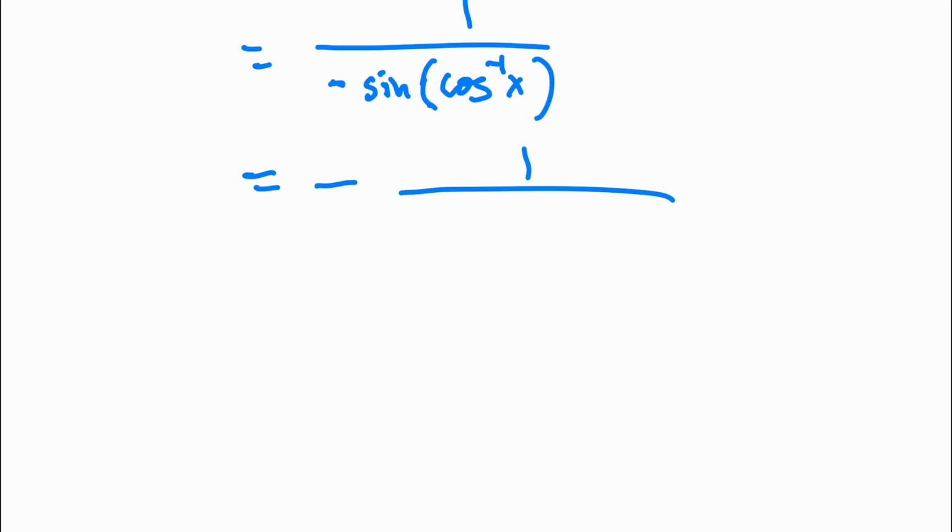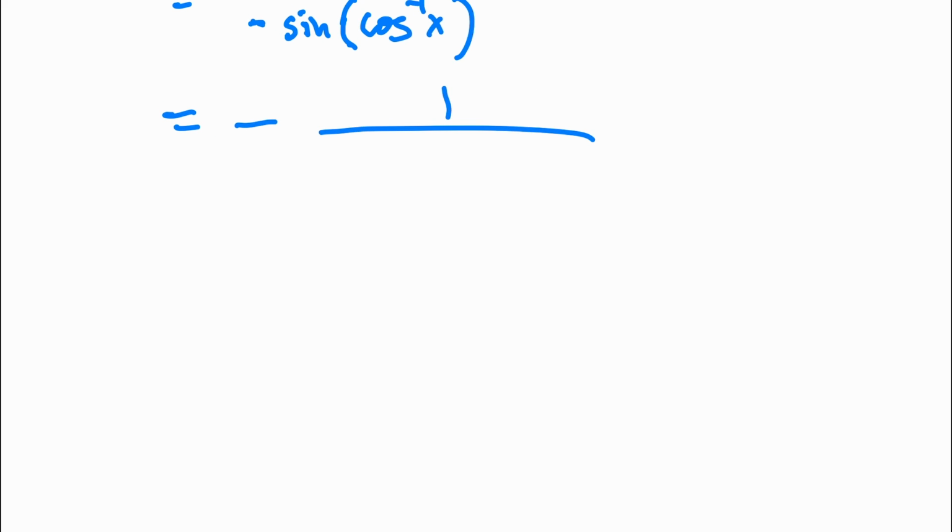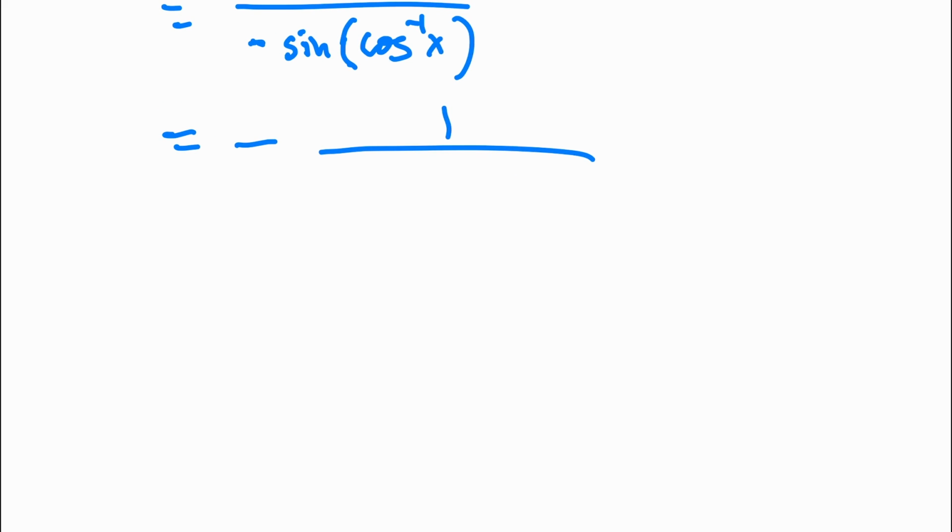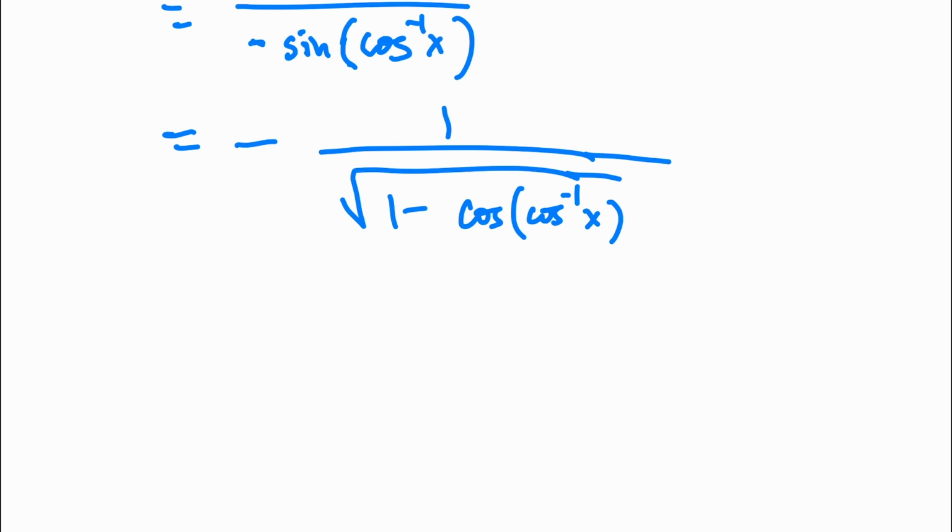And we can use the same argument that we used for inverse sine to get that this is actually equal to the square root of 1 minus cosine of cosine inverse of x, squared.